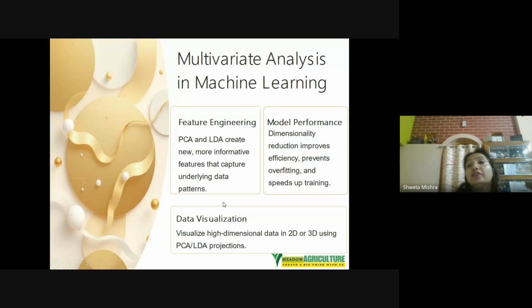And then visualization, because as humans, it is very easy to understand, remember, or get an idea once we see the things instead of the numbers. So with the help of machine learning, we will be able to visualize our data.